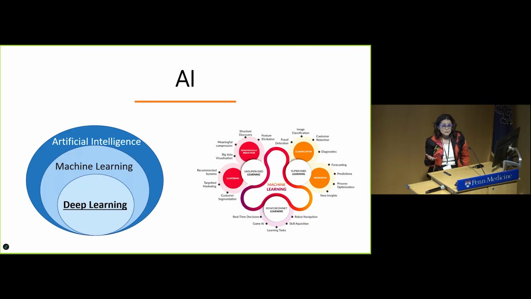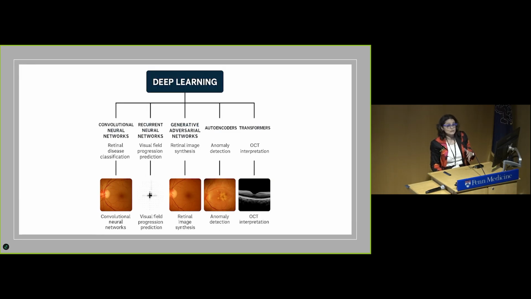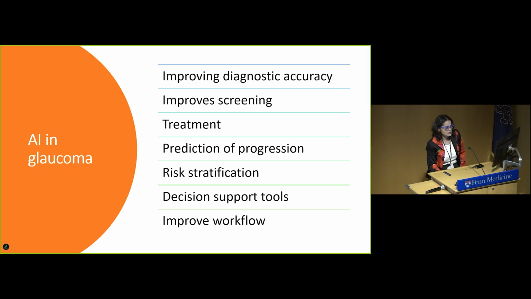And there are multiple forms of AI. The big umbrella term is artificial intelligence, but you have machine learning, deep learning, which is a narrower, deeper, more focused on certain aspects. Many, many ways of training and learning for AI. And they're used in different aspects in ophthalmology, and every type of learning is used for certain task or multimodal tasks, as you can see, and we've been doing it a lot in ophthalmology.